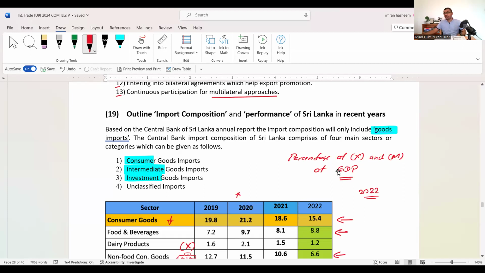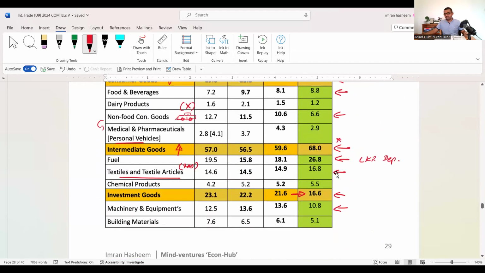So we have a trade deficit. Trade deficit is one of the biggest problems we are having in our economy.